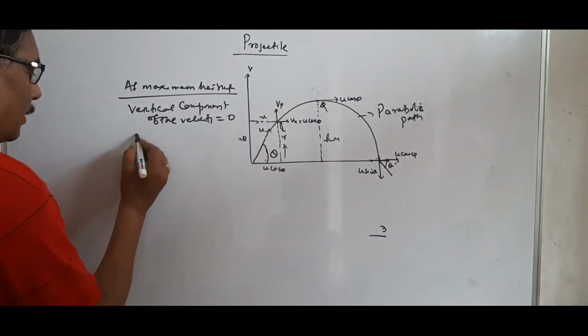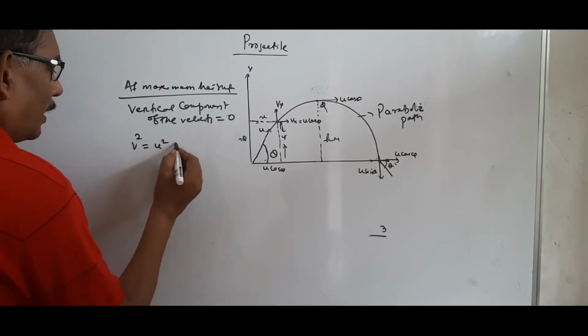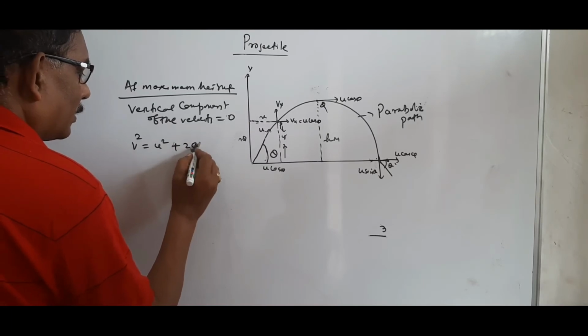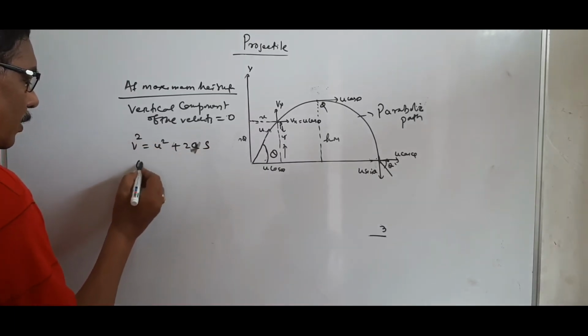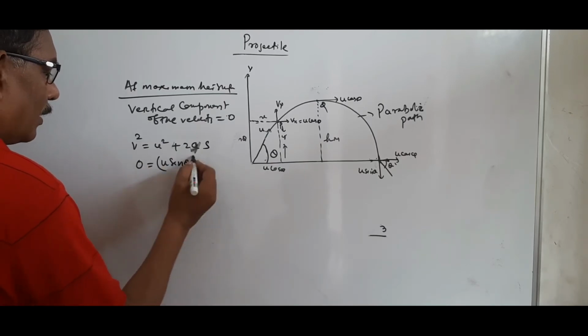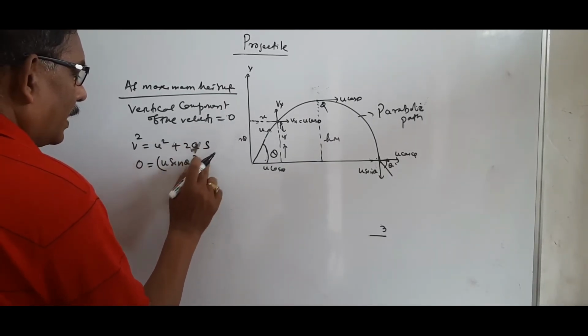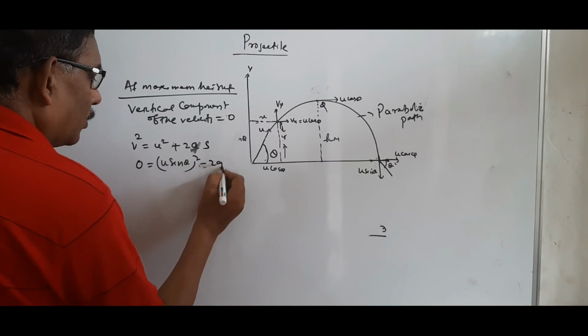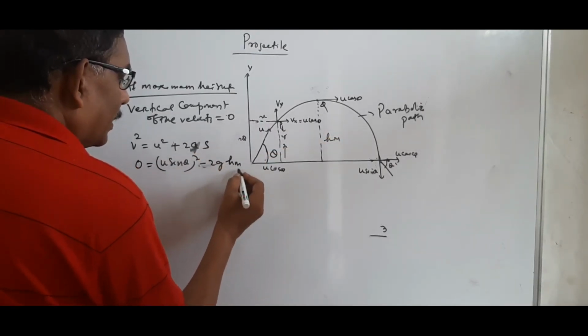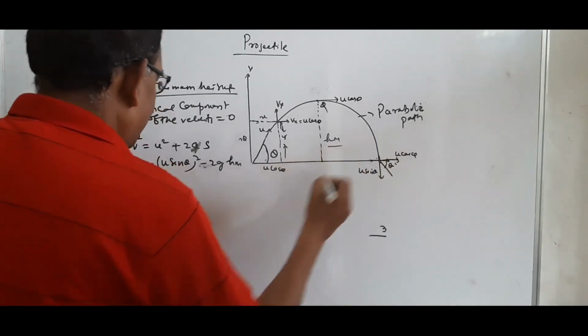So you know that v square is equal to u square plus 2as. In place of v it is 0, and you take u sin theta whole square. In place of a write minus g, that is 2g. In place of h write hm. hm stands for maximum height.